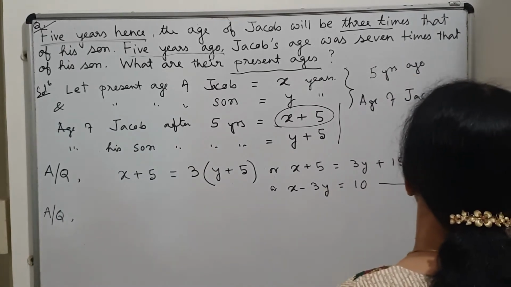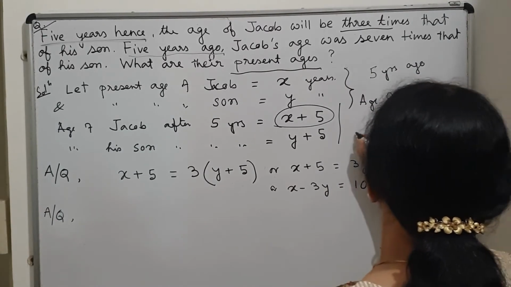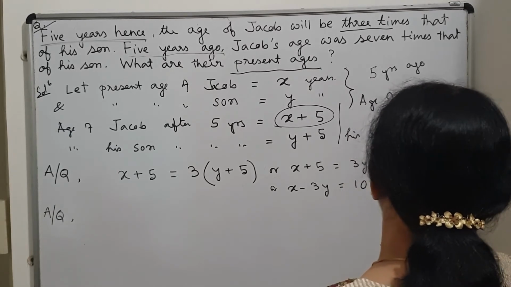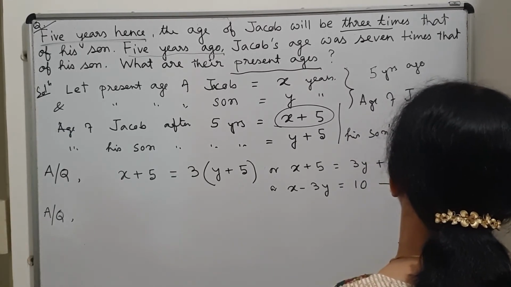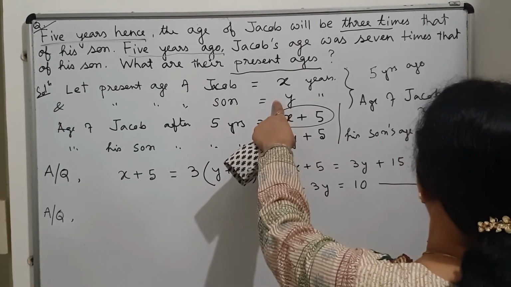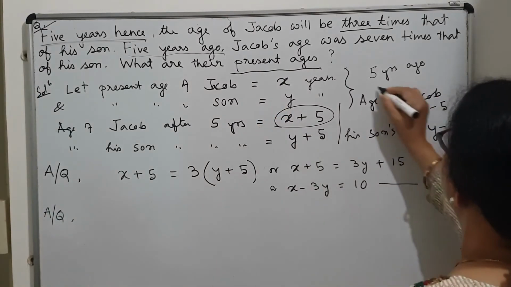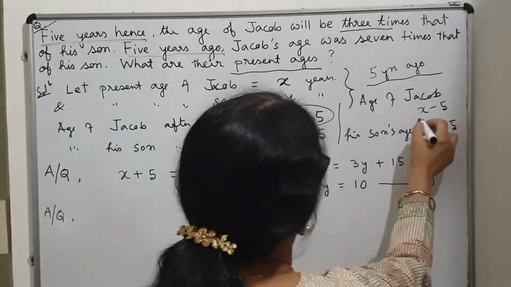Jacob's age will be x minus 5 and his son's age will be, from present age y, y minus 5. This will be the ages of Jacob and his son.